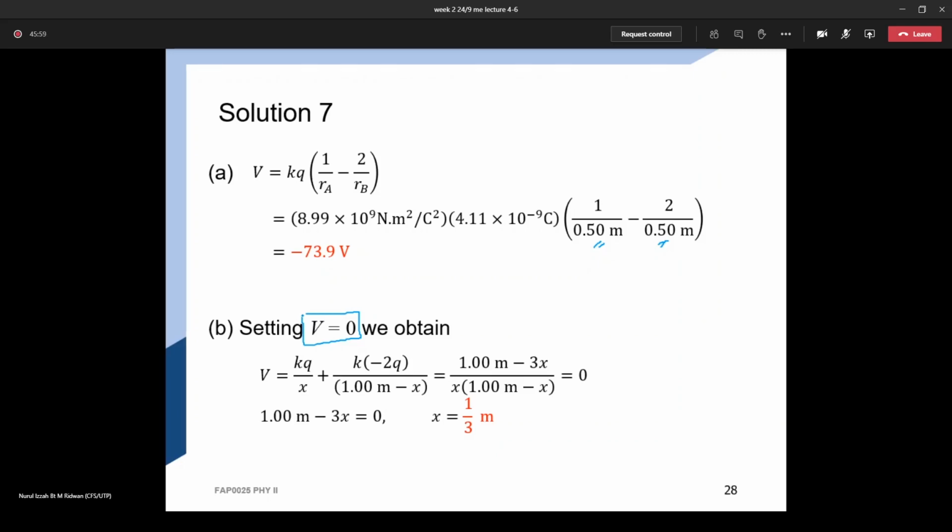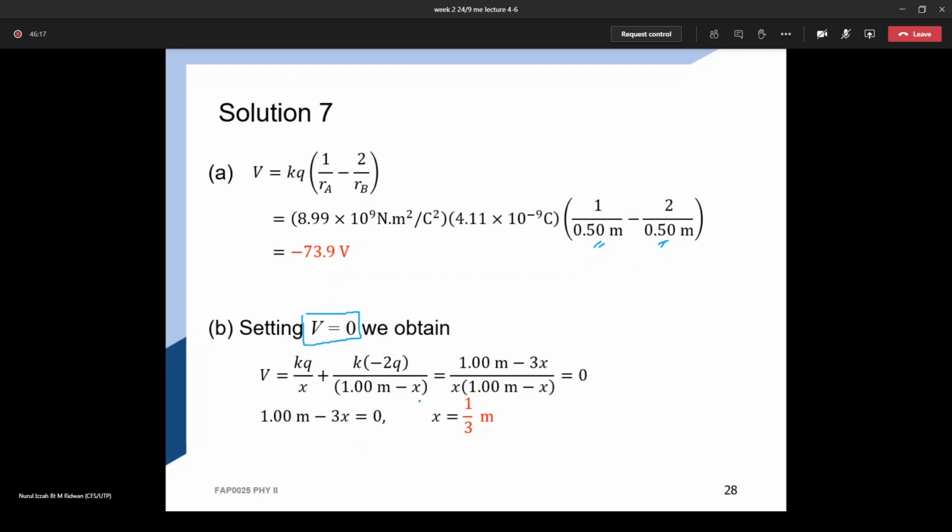So if the question says something like V vanishes at a certain position in between the charges, it means you need to set the potential equal to 0. So in this case, you have KQ over X, and then you have K negative 2Q over 1 minus X.